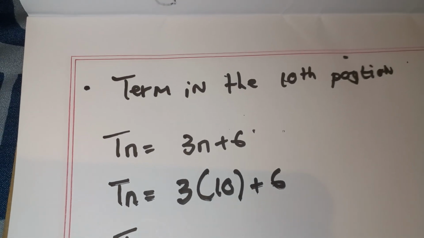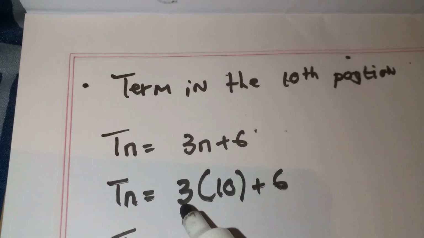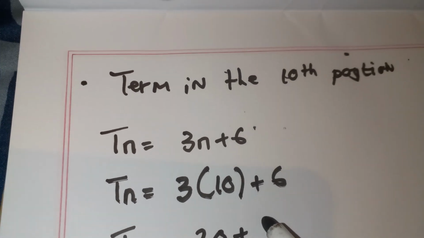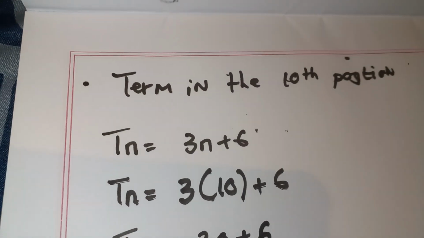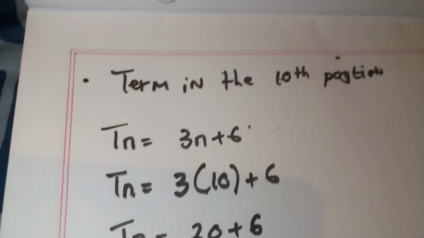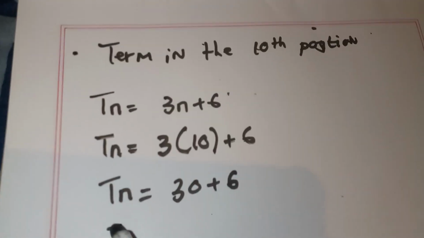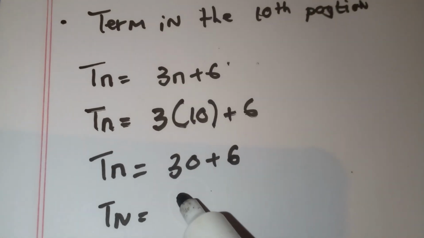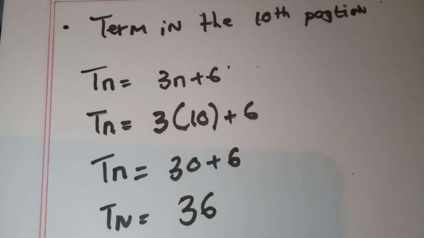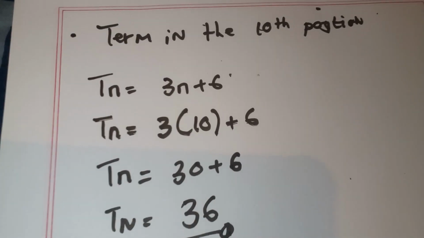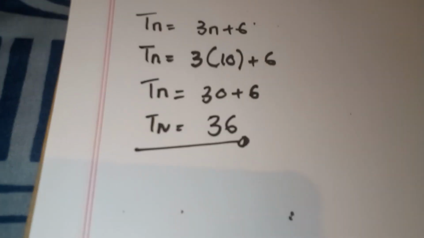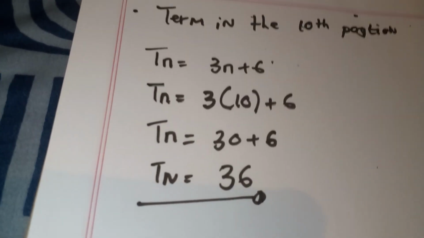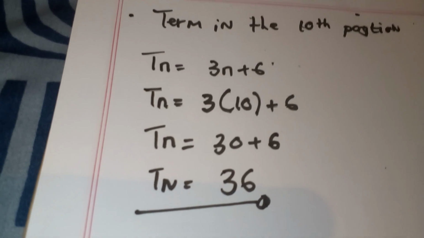Then the term in the 10th position: 3 times 10 is 30, plus 6. That means the term in the 10th position is 36. In the 10th position, you can only find 36. So that is how we answer the question on number 13.